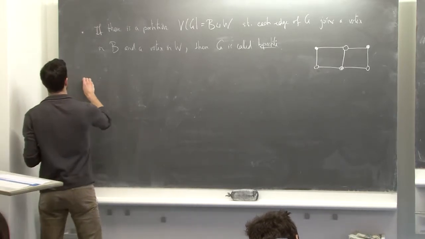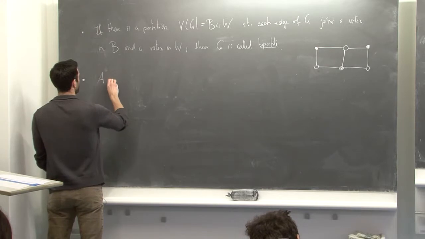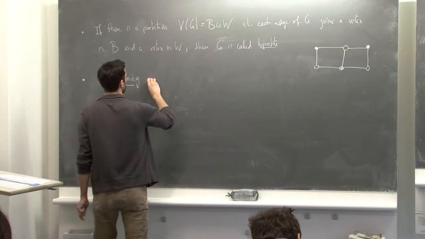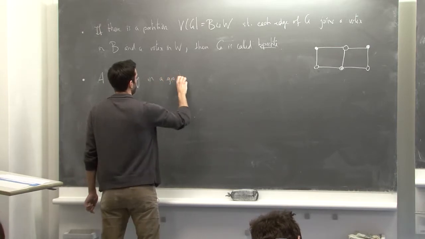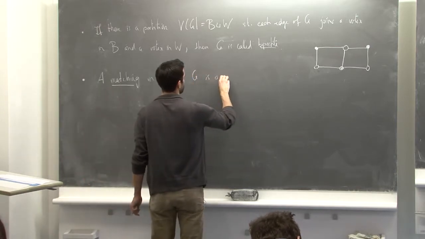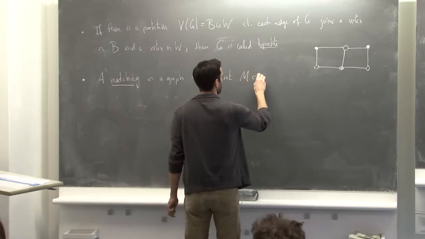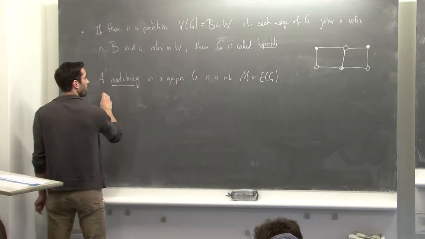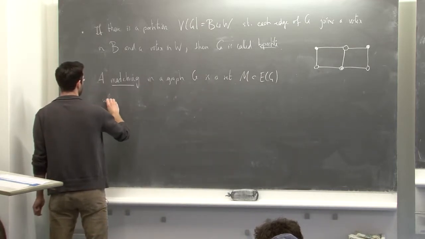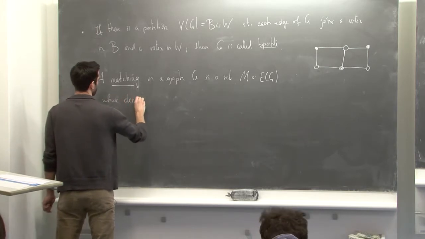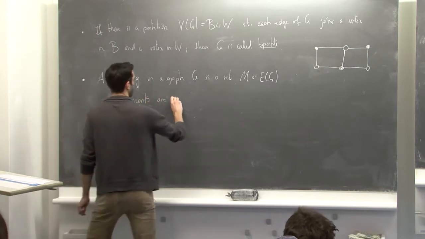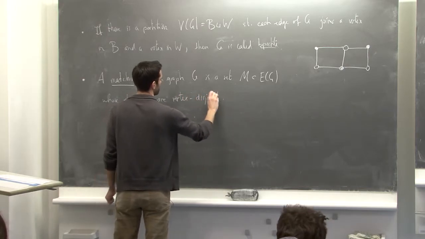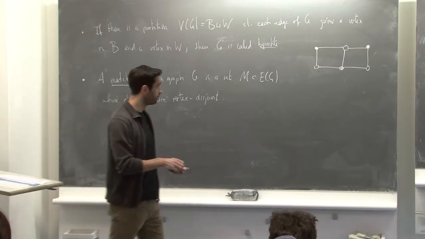Okay, next object I want to define: a matching in a graph G is a set M of edges whose elements are vertex disjoint. Okay, they don't intersect.